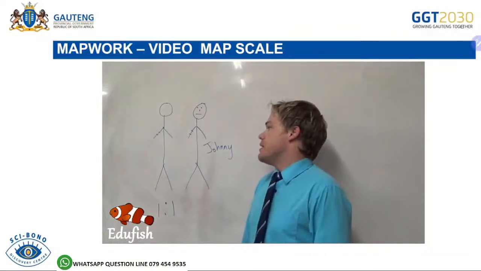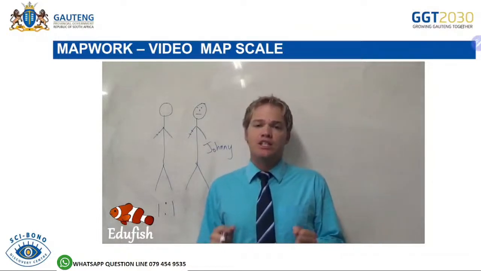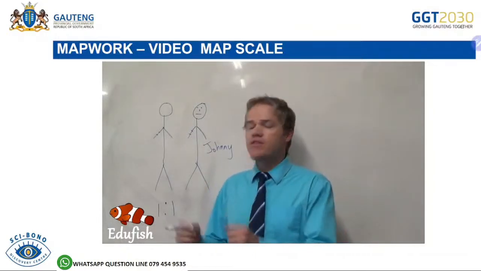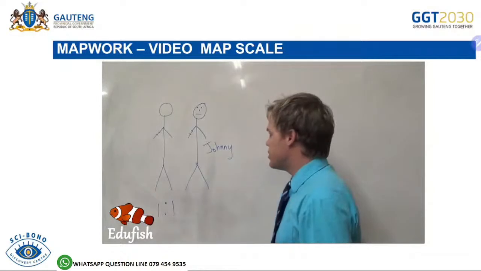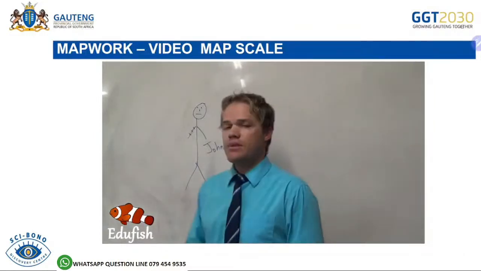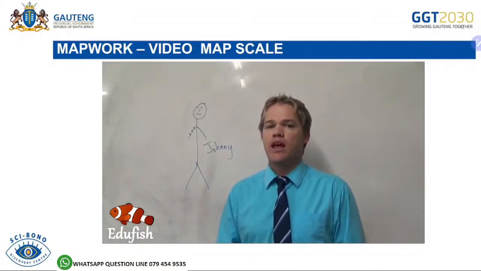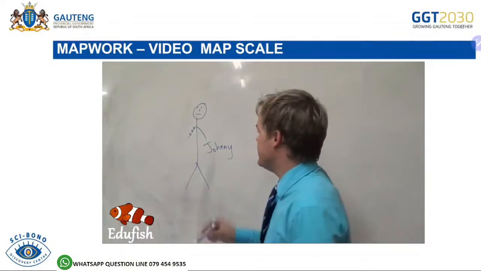Right. Now, Johnny isn't happy about all of this because he wants to take his statue home. He doesn't want to leave the statue at school. He wants to go and show his parents, Mom, Dad, look, I was the geek of the week. He wants this statue to be 10 times smaller than him, so it's 1/10 of his size.